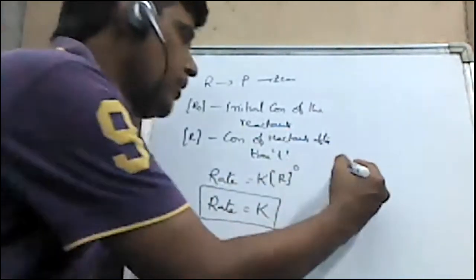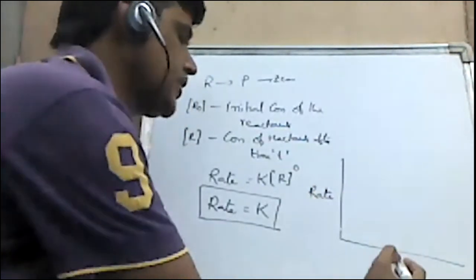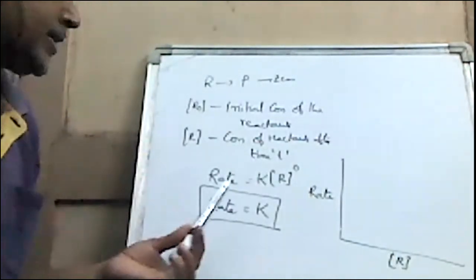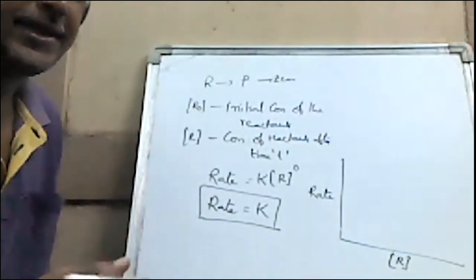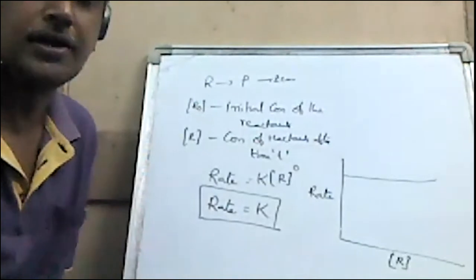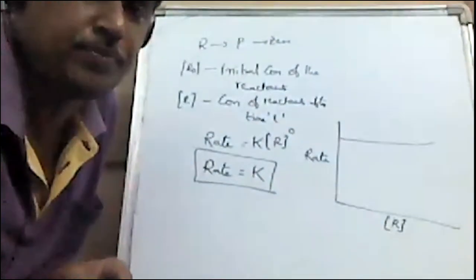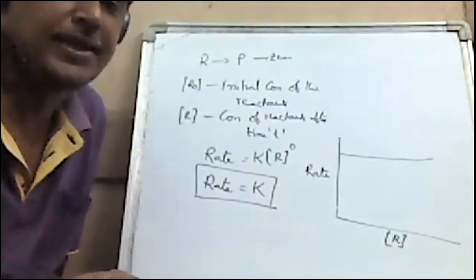Now, if we plot rate versus concentration of reactants, for a zero order reaction the rate is independent of the concentration of the reactants.